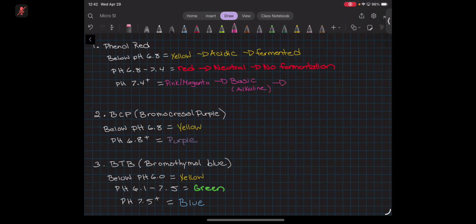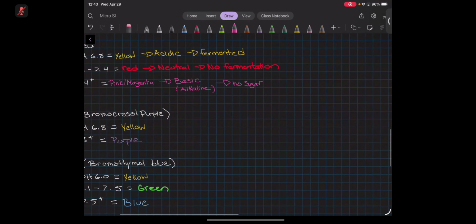And that means, does anybody know? It means no sugar, but something happened, right? Because it turned pink. So nothing was fermented, but it had proteins, and they broke them down.